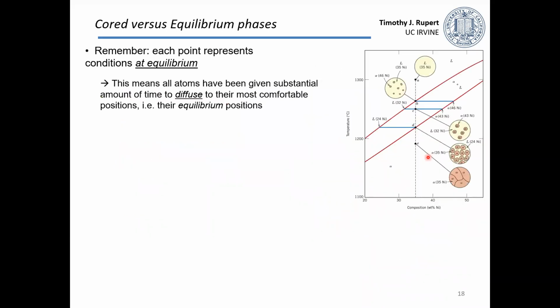So one important thing to point out is that a phase diagram is really describing that under these thermodynamic conditions, the temperature and composition here, it's telling us which phases are in equilibrium and what their composition and relative amount is, okay? But the important thing is that it only speaks to equilibrium. It doesn't tell us anything about how this forms.